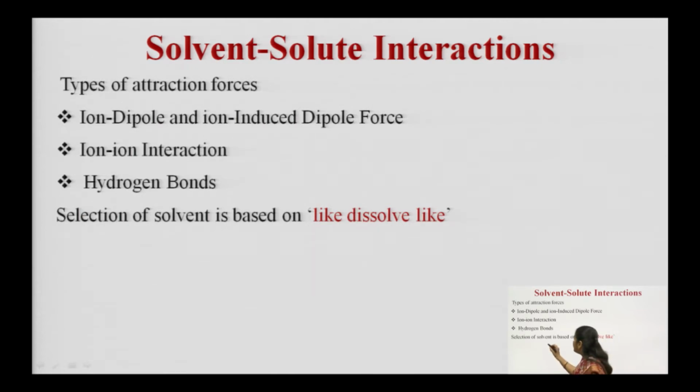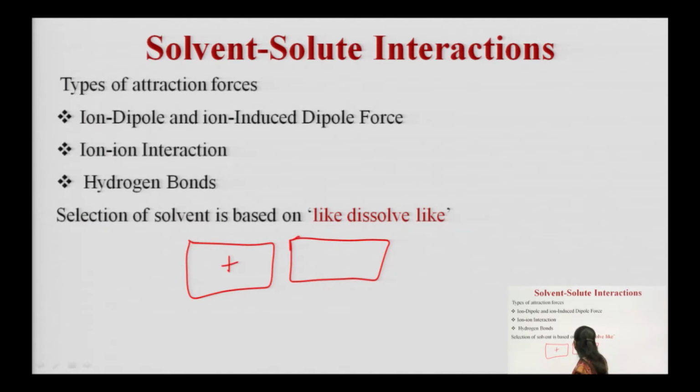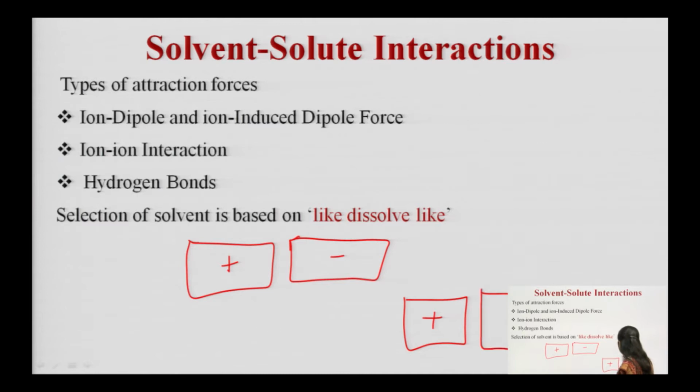Suppose one component has two parts, a cation and an anion, and the other component also has two parts, a cation and an anion.